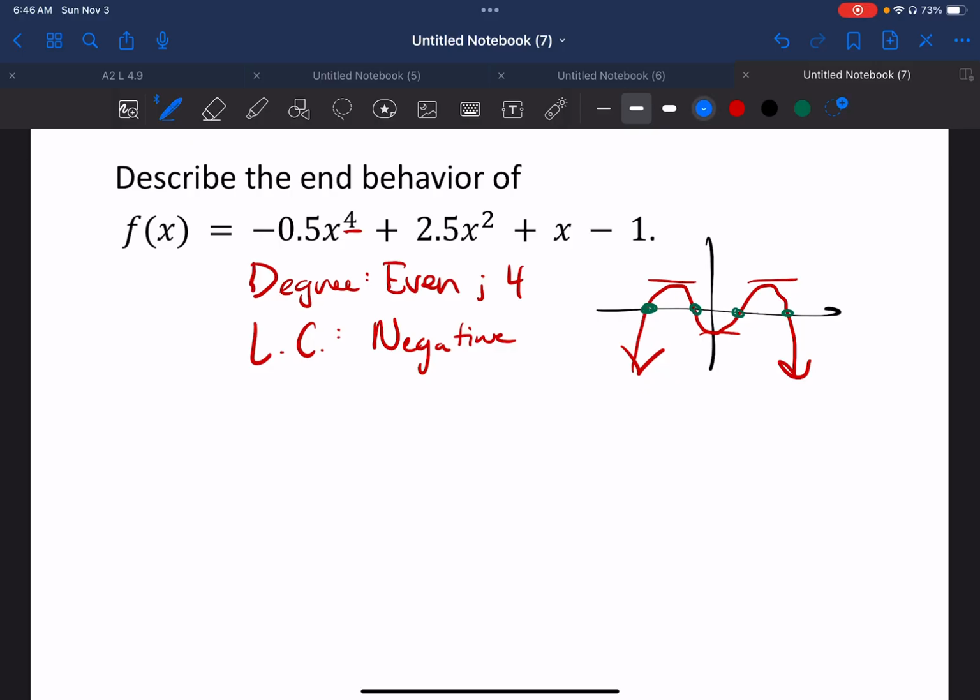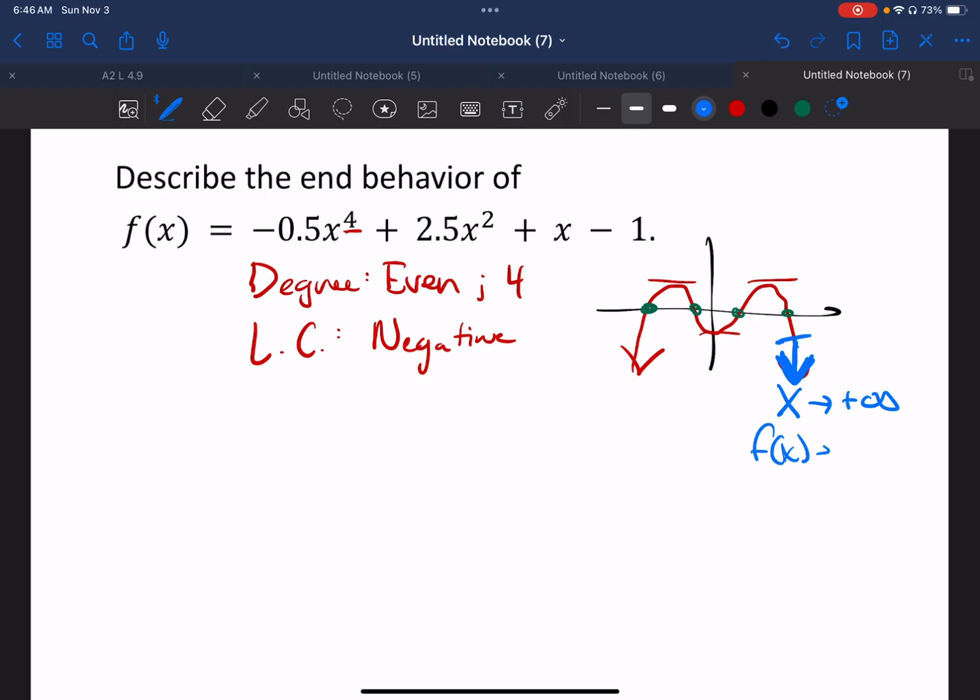So now let's describe the end behavior. I always like to start on the right, but it doesn't really matter. As x approaches positive infinity, that's the right side of the graph, because we're on the positive side of the x-axis, the function is going down, and you're really only looking at this very end. You don't need to start all the way over here, just start at the very end of the graph.